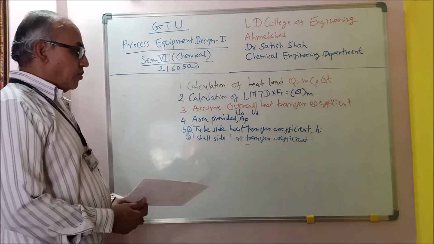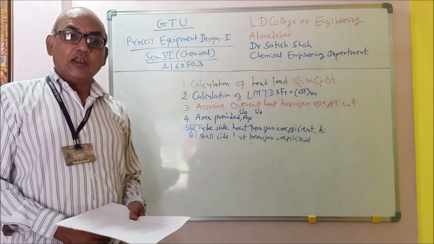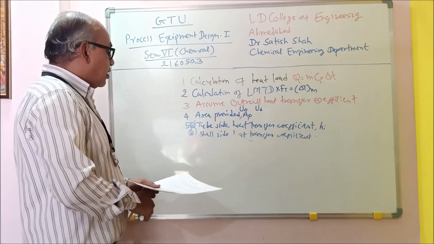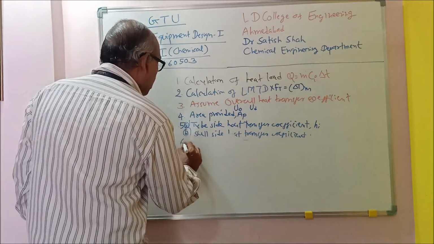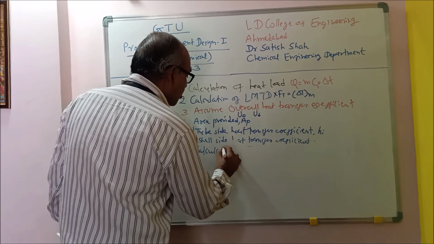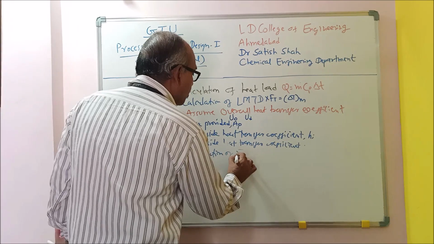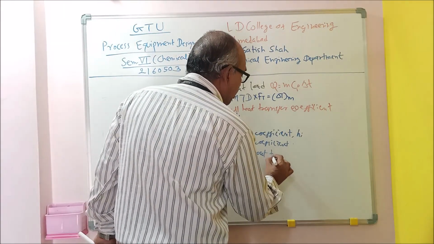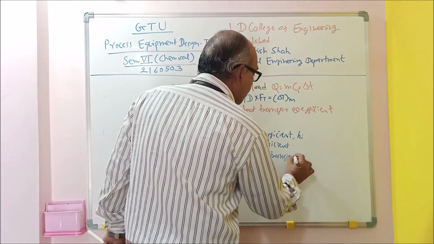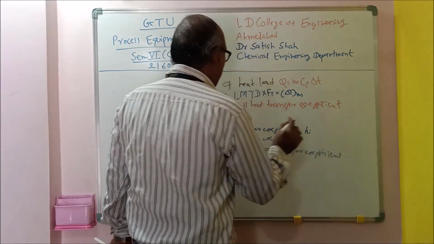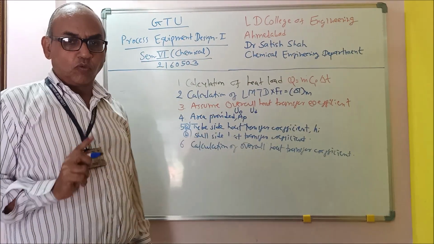So now see, we have the calculation of the overall heat transfer coefficient. So my next step is the calculation of the overall heat transfer coefficient. See, earlier I had assumed a value of the overall heat transfer coefficient.